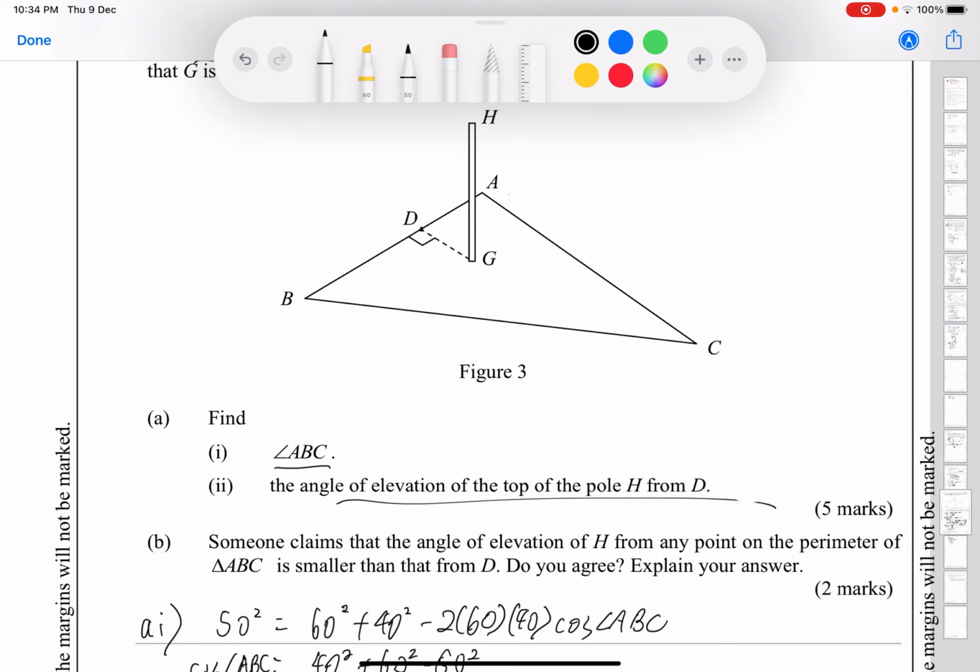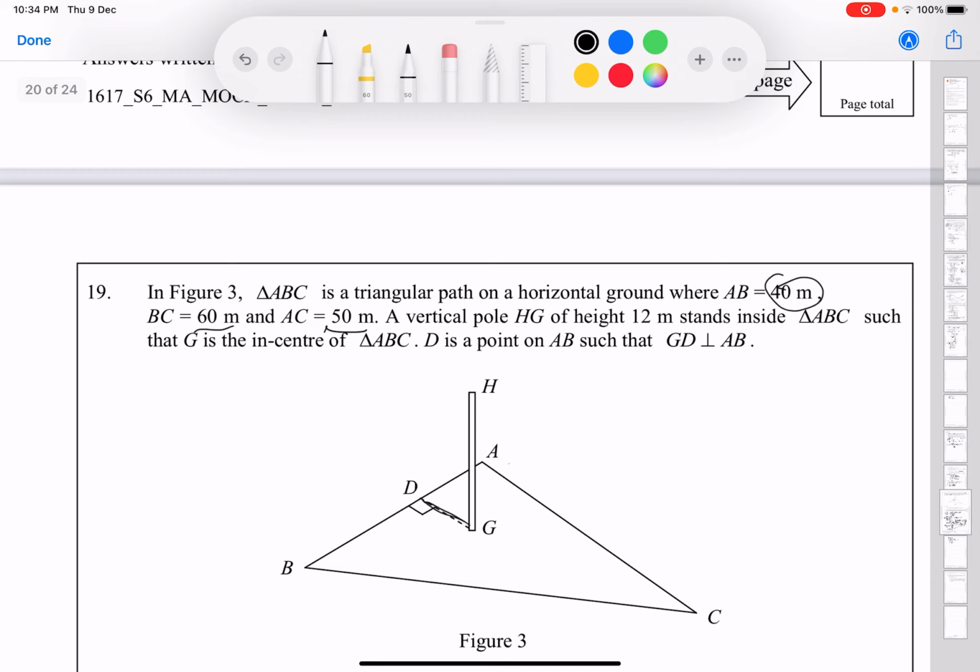The question is asking you, is this point where x is shortest? Is this point? So we need to find somewhere that x may be shorter or equals to DG. So how? Actually, the question has already given you the answer.